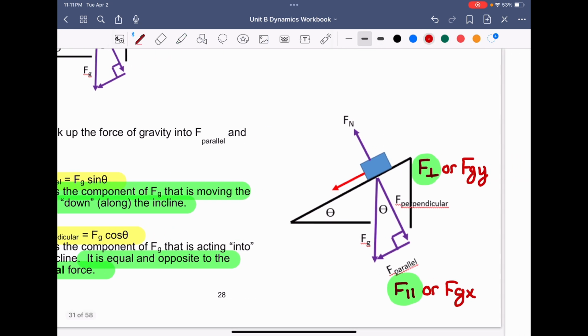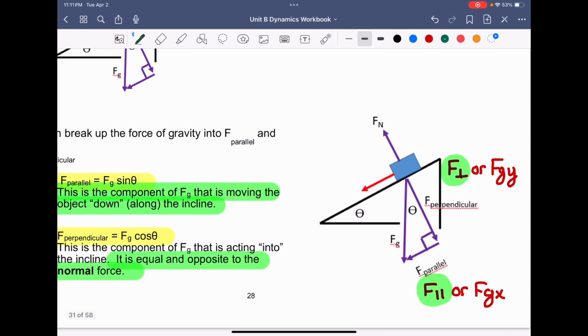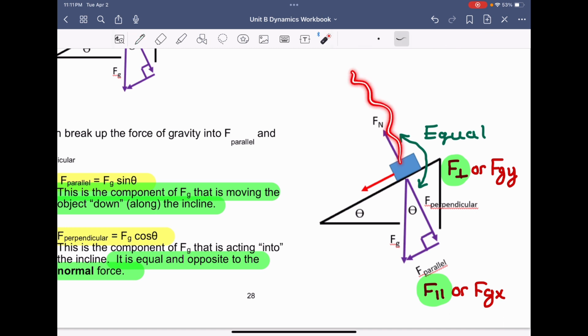So in your notes, here's what I would recommend. When you draw in these diagrams here, I want you to put a connecting arrow between these two forces, or Fn and F perpendicular, because these are equal forces to one another. They're equal plus opposite. So you could put just equal, you could put equal and opposite. I would be okay with you just saying equal, because we want to analyze these and say, if the object isn't flying away, aka flying away vertically, or it's not crashing through the surface this way, you would say that these are perfectly in balance.